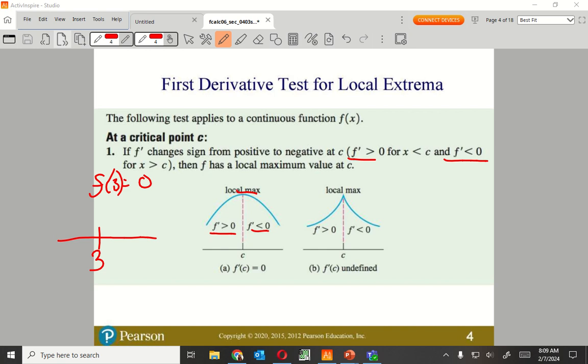The derivative is going to be the slope, and so it's going to be 0. So that means that's going to be either a min or a max, depending on what's on the left and right hand side. So in this case right here, the left side of it is positive, so that means that when I plug in numbers on this side, my derivative would be positive.